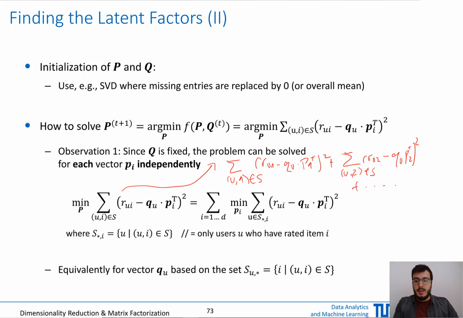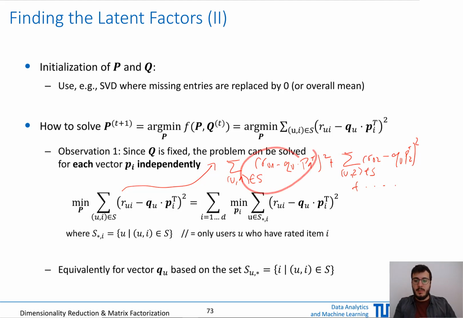In each of these terms, now QU is a constant, RU1 is a constant, and the only variables in these terms are the P1s, P2s, P3s, and so on. Because there are no other variables within these sums, we can solve for each of these terms independently.